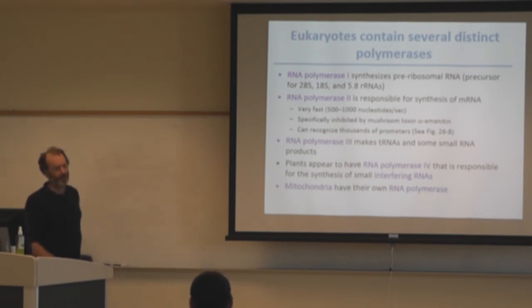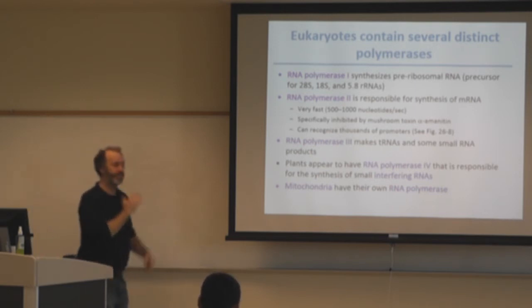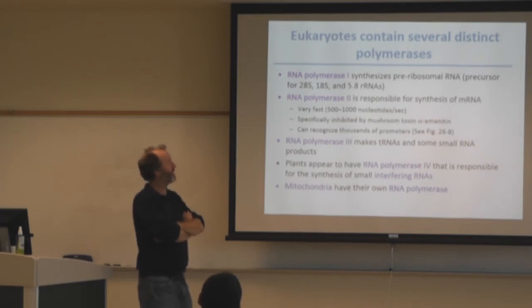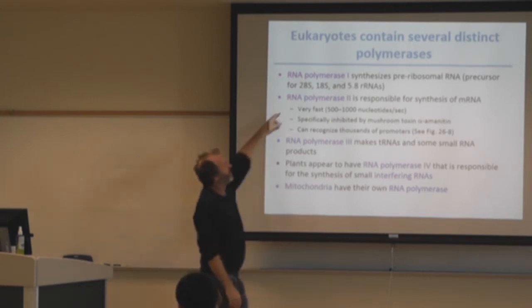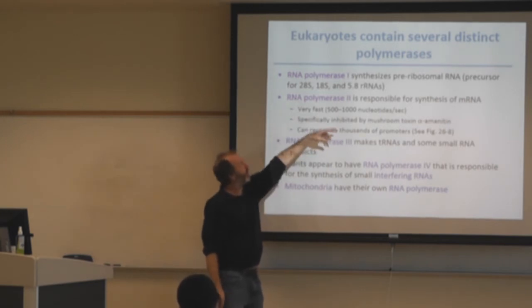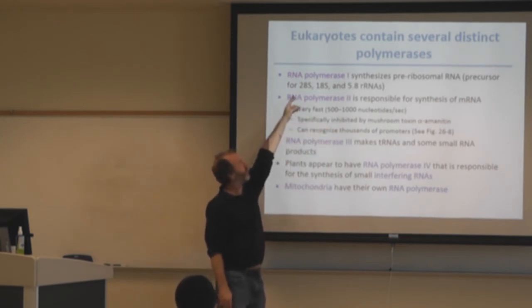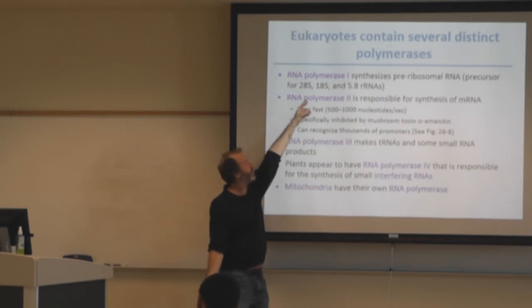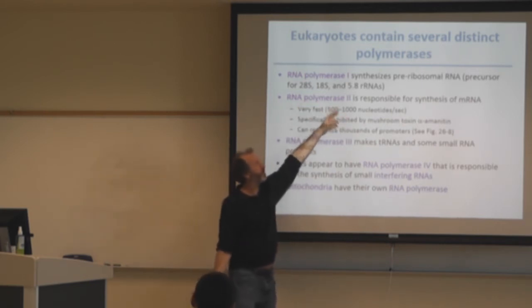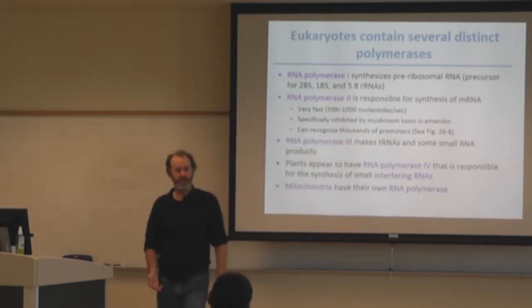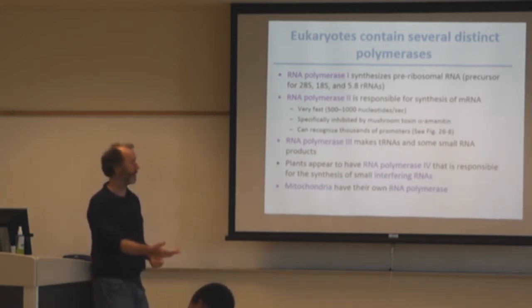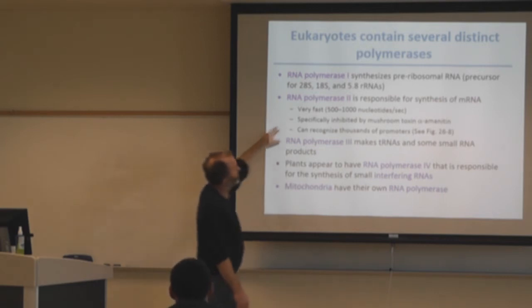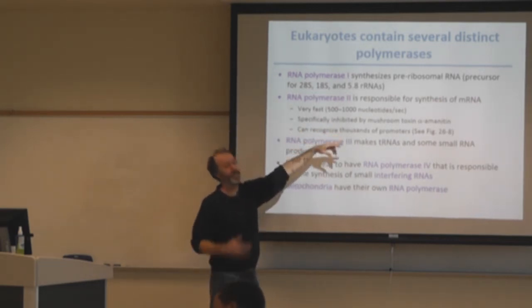Totally different in eukaryotes for the most part. Eukaryotes contain several distinct polymerases. RNA polymerase 1 synthesizes pre-ribosomal RNA, for the ribosomal RNAs 28S, 18S, and 5.8S. So you have one RNA polymerase that just makes ribosomal RNA. RNA polymerase 2 is responsible for mRNA.